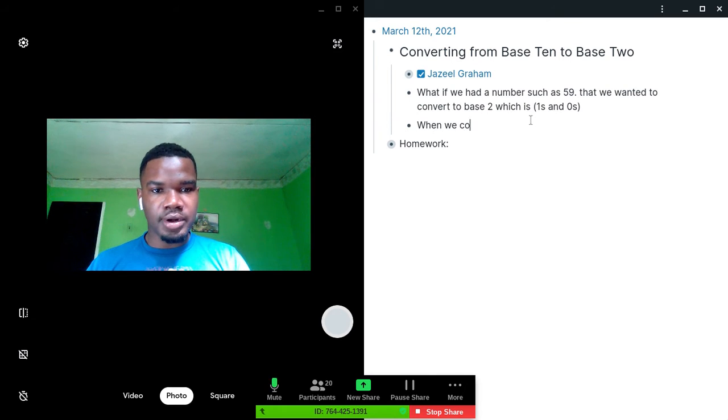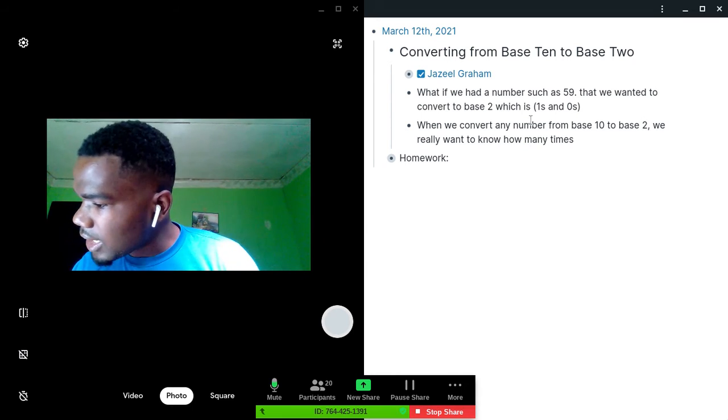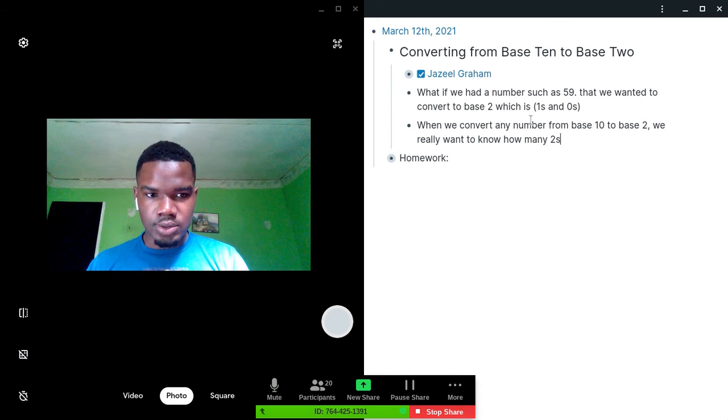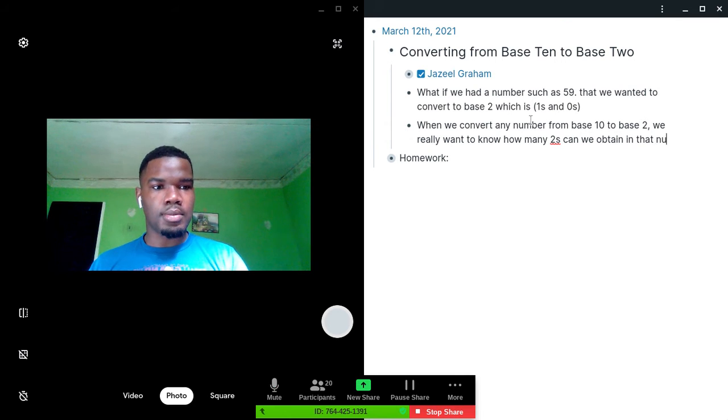When we convert any number from base 10 to base 2, we really want to know how many twos can we obtain in that number.